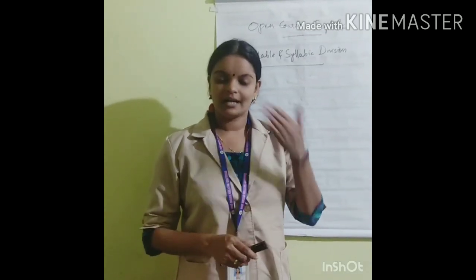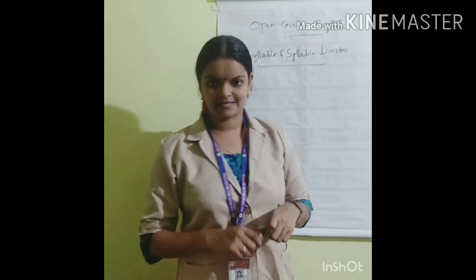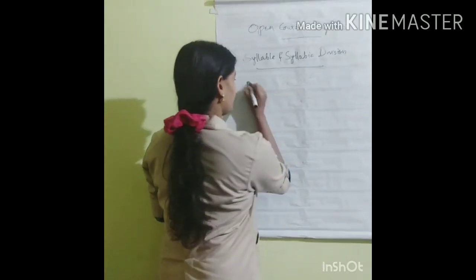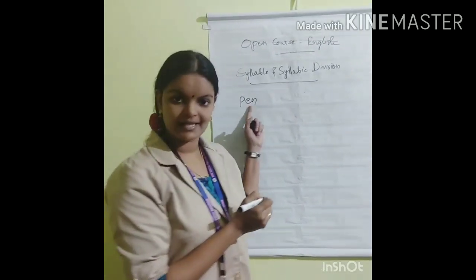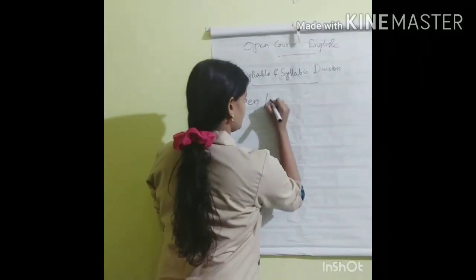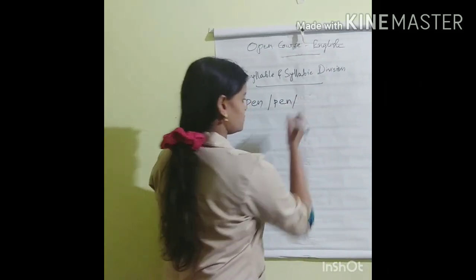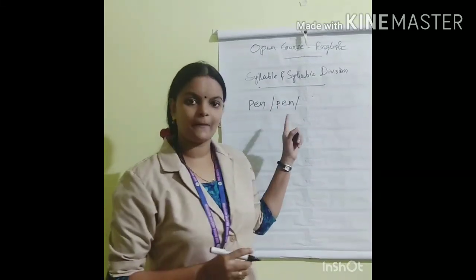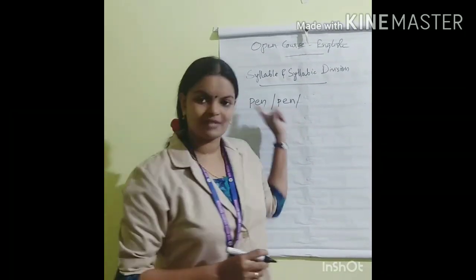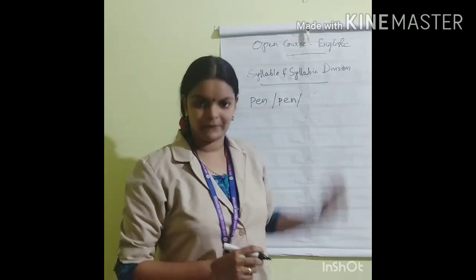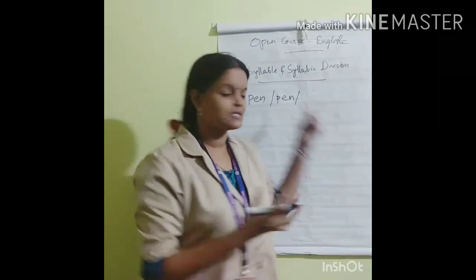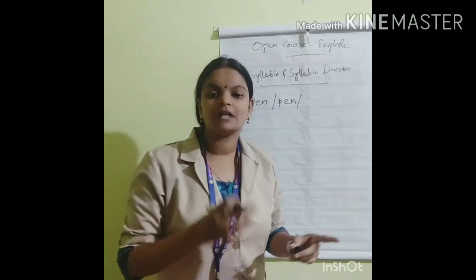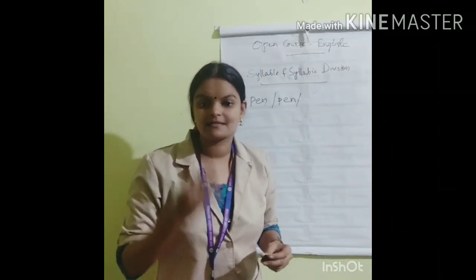Now, let us check the previous example. The word pen is transcribed like this: P, A, N. So three sounds, pen. We can produce the word pen within a single chest pulse.